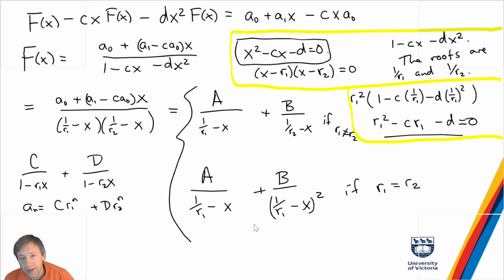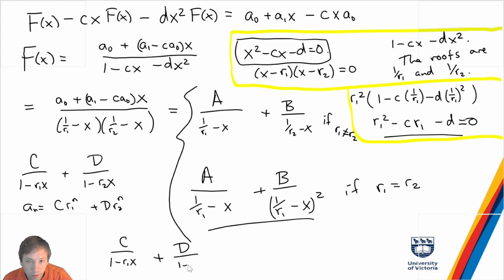And similarly, in the repeated root case, you get something like c over 1 minus r1x, plus, let's say, d over 1 minus r1x squared. It doesn't really matter what these arbitrary constants are called.